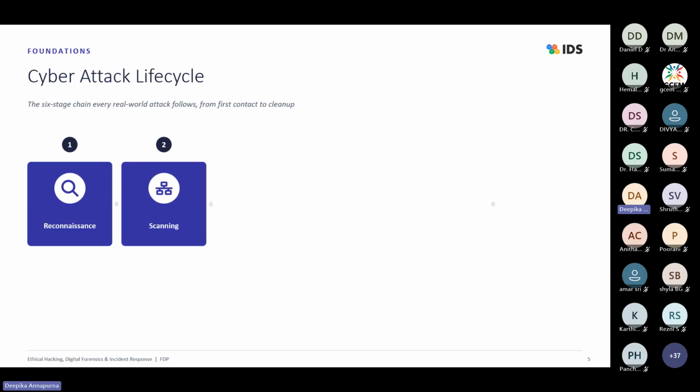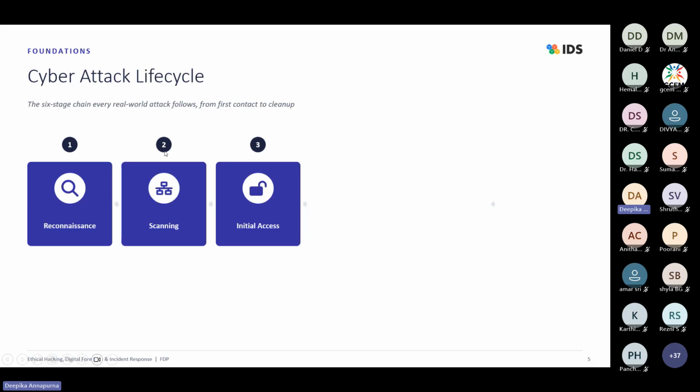He will be checking if there are any weaknesses. Can I enter through the window? Is the window weak? Is there any lock on the doors, or can I go through the back door? He will be checking if there are any weaknesses in the system. That's called vulnerabilities.